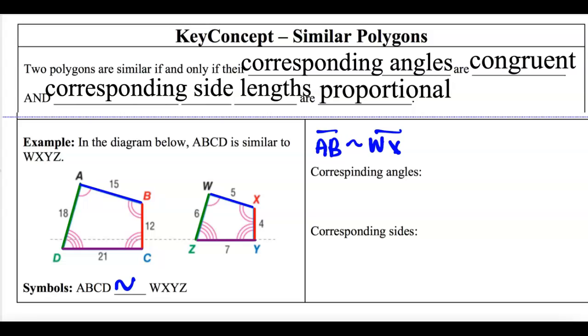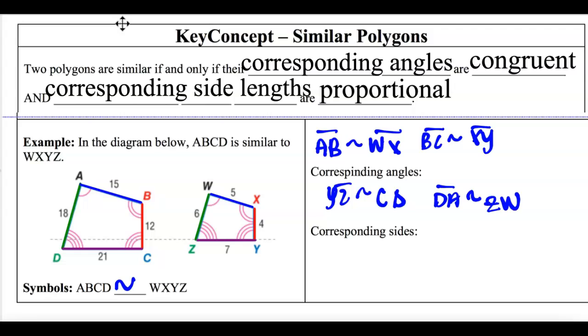We could say that BC is similar to XY, YZ is similar to CD, and DA is similar to ZW. This is supposed to be an O. Corresponding, that's the side. Sorry, I have these switched, but the angles then would be angle A. These are actually congruent because they have to be the same exact angle.